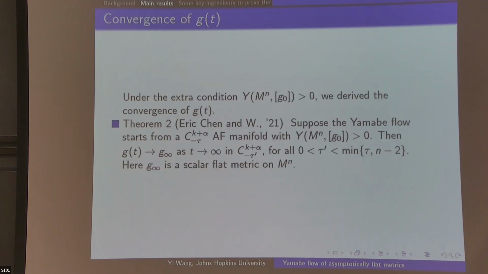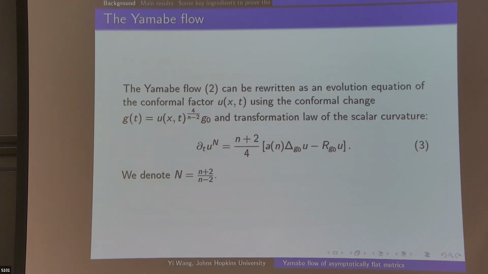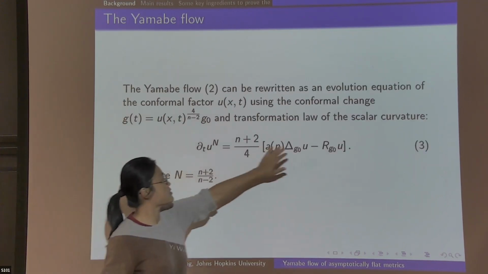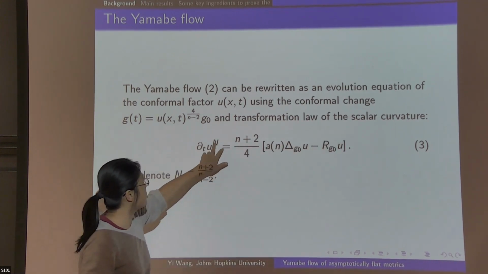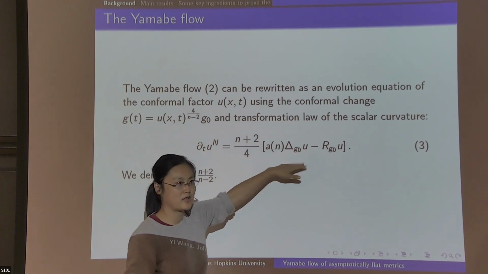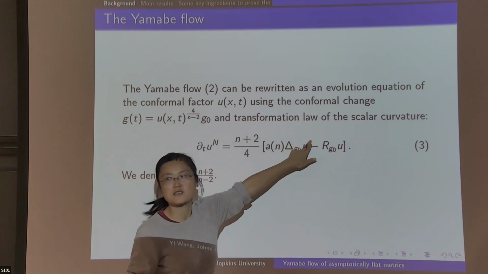If you look at the equation of the conformal factor, and forget about the scalar curvature term here, this is like u to the power n times a Laplacian of u, and the usual porous medium equation puts this n to the other side.